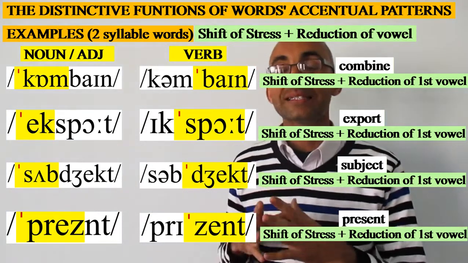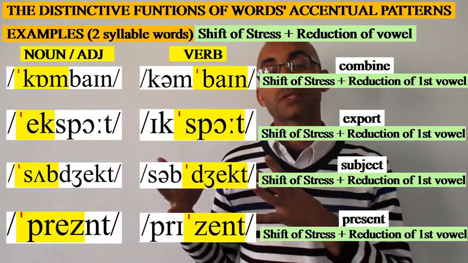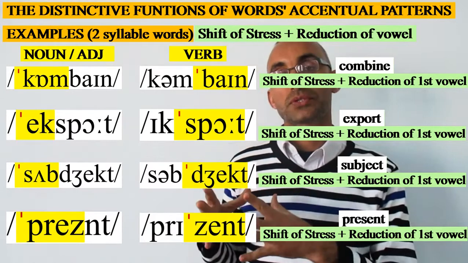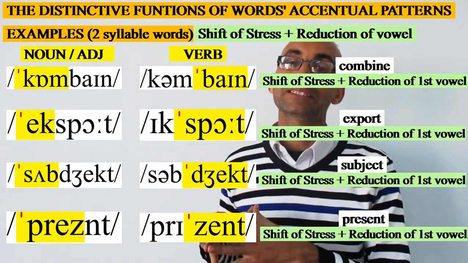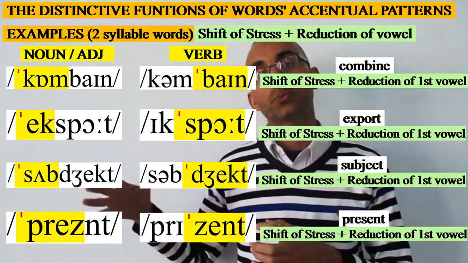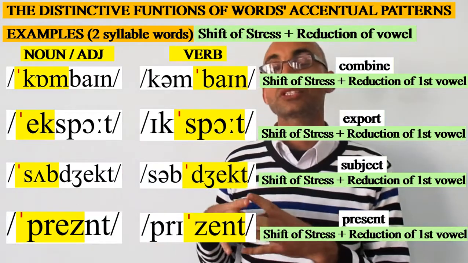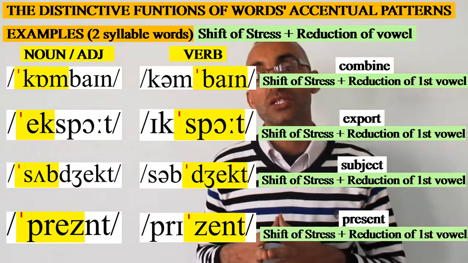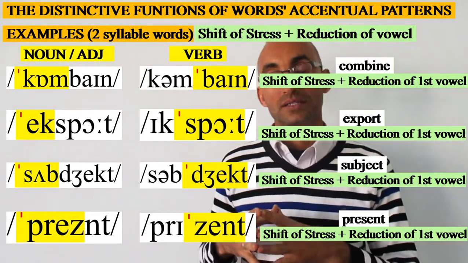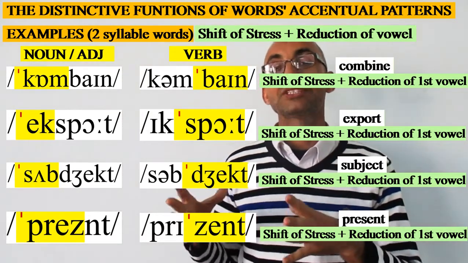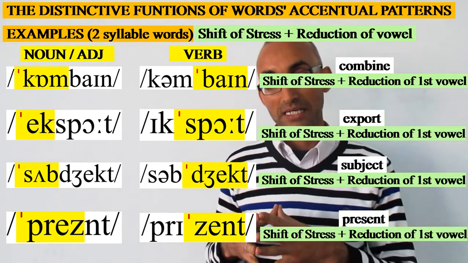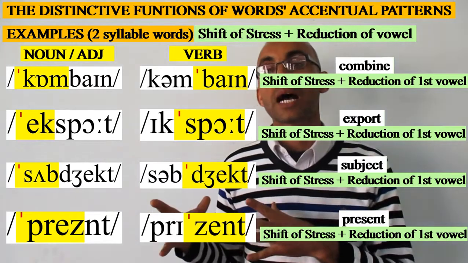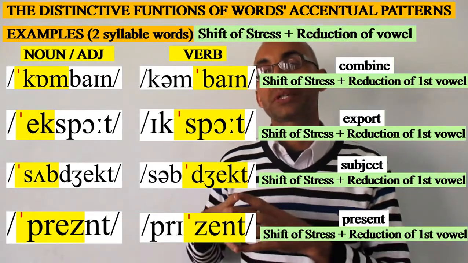Now, if I change the accentual pattern of this word present, instead of stressing the first syllable, I stress the second syllable in present, and this change in stress placement is also related to a change in the first vowel of the adjective: we reduce it to a short e, to become present.